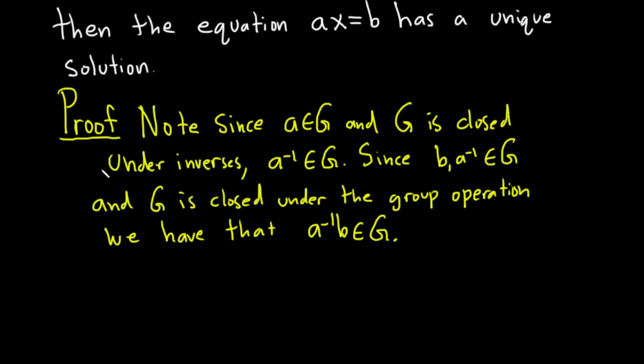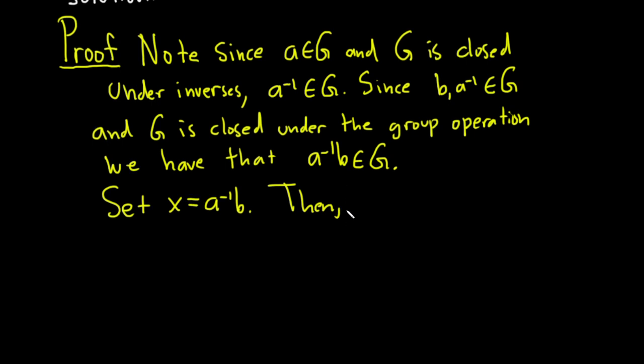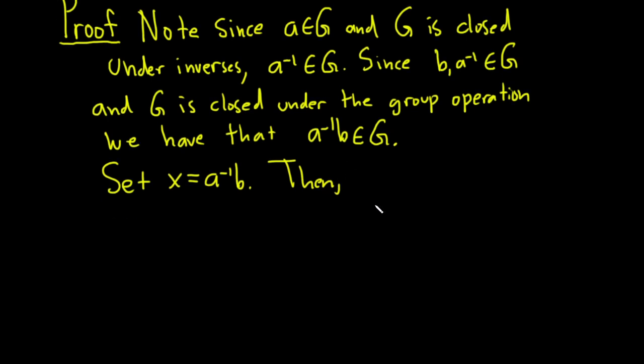So now let's set X equal to the element A inverse B. Now we're going to show it's a solution. Let's plug it in. AX equals B is our equation. I'm going to switch colors.